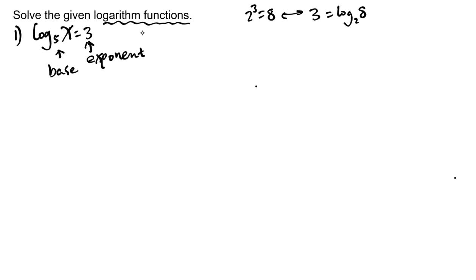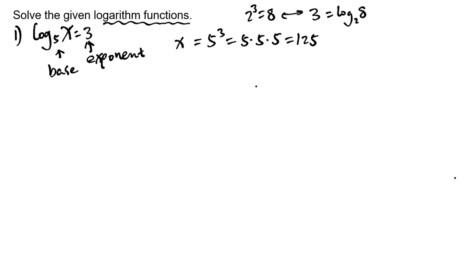So if you rewrite it, that will be what? That will be the base, and the exponent is x. It comes out immediately. That's 5 times 5 times 5, which is 125. So that will be the solution.